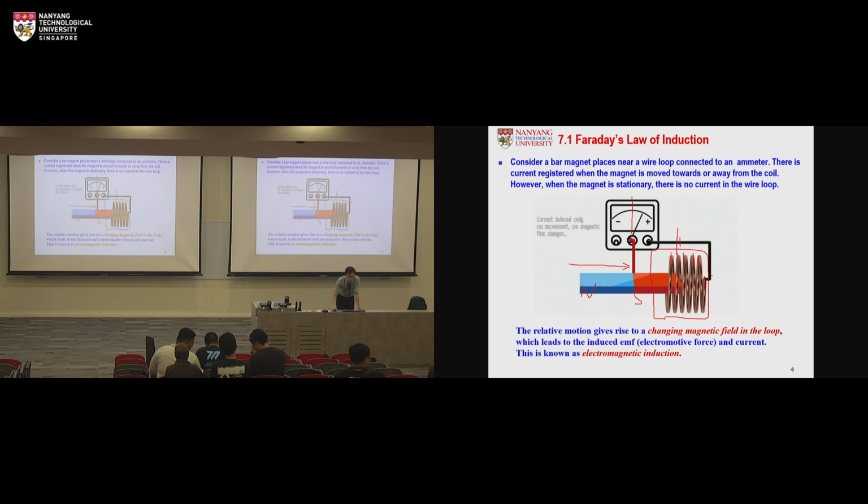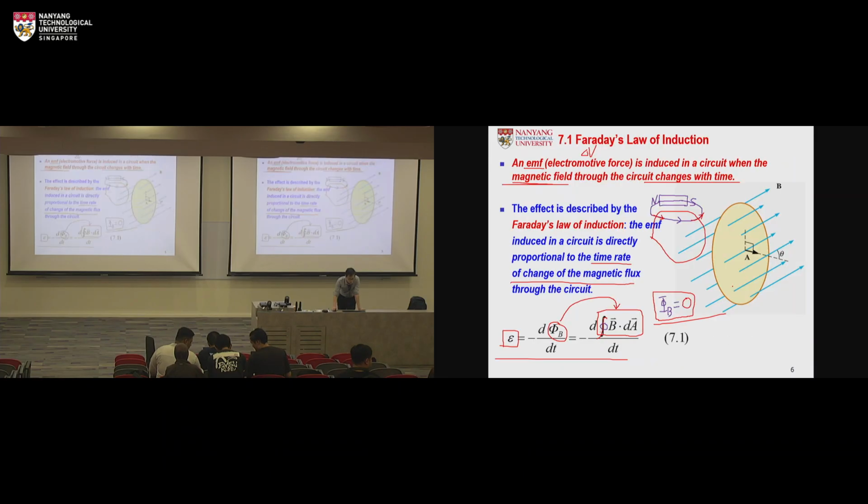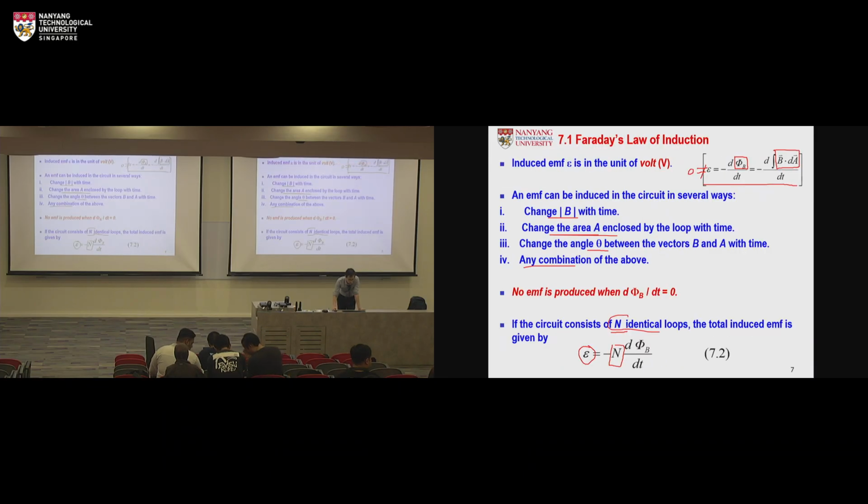So the total EMF induced in this coil, you will need to multiply by this coefficient of 6. N equals 6 in this case. So this is how you consider this factor n.